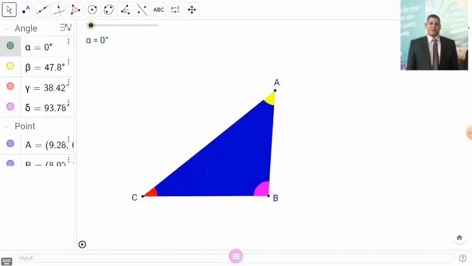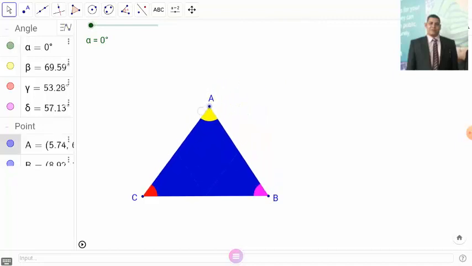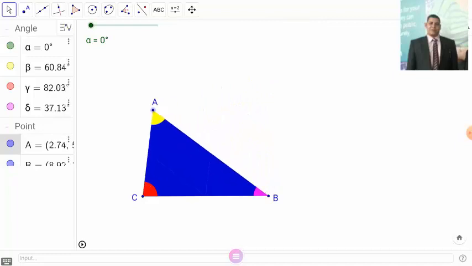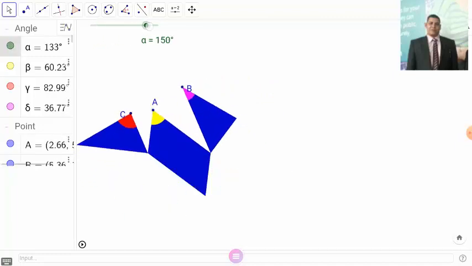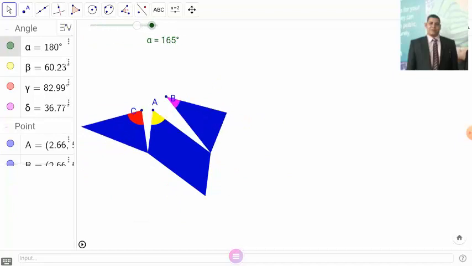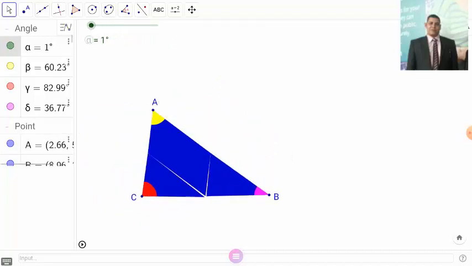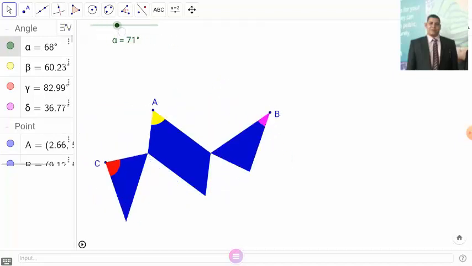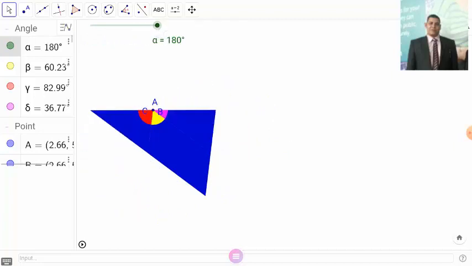Then we can say the sum of measures of the interior angles of any triangle equals 180. So, measure of angle A plus measure of angle B plus measure of angle C equals 180 degrees.